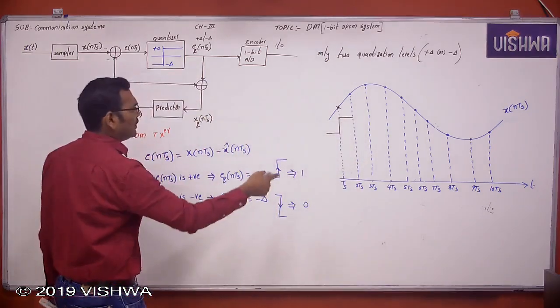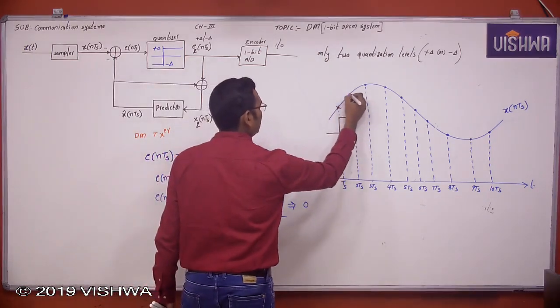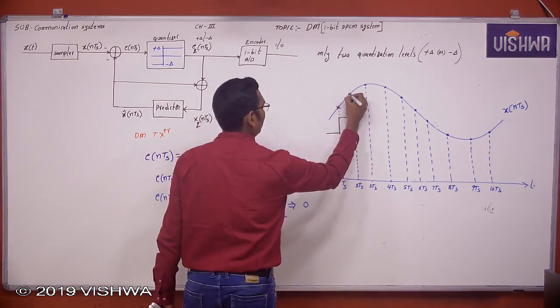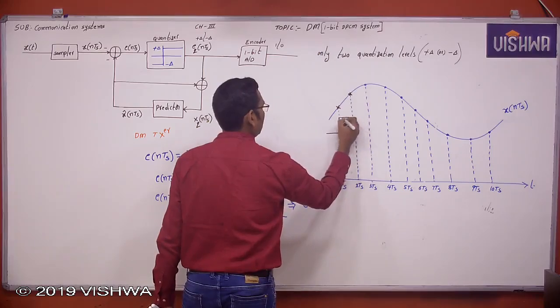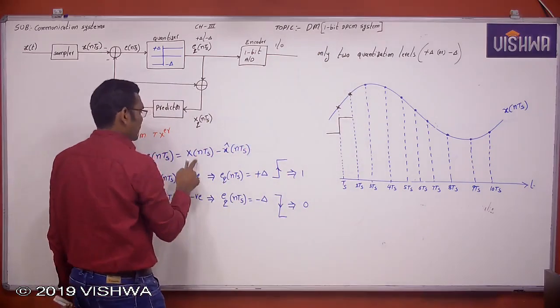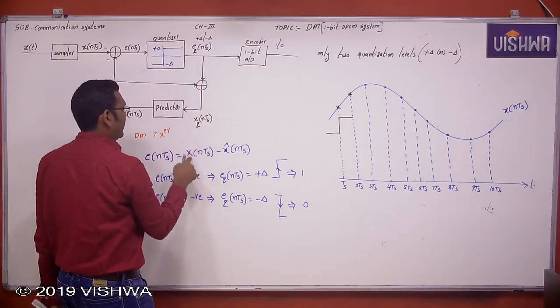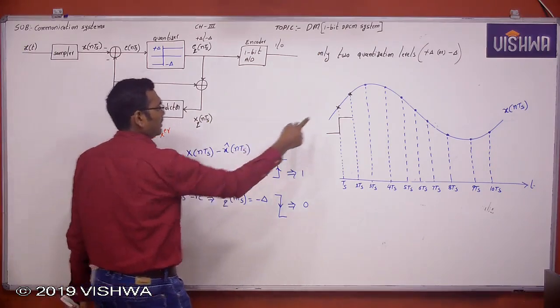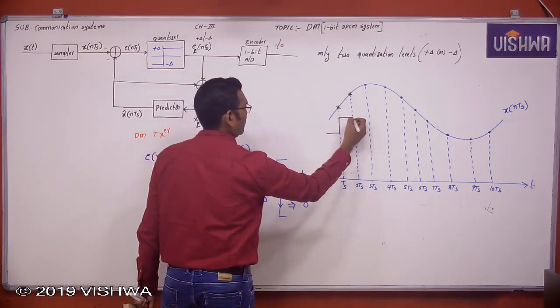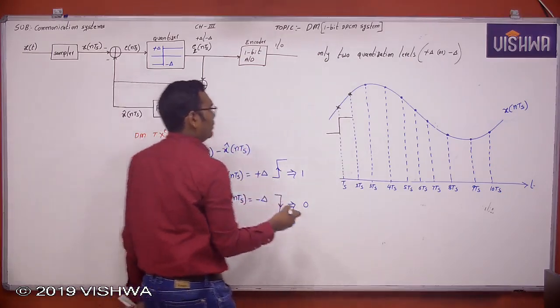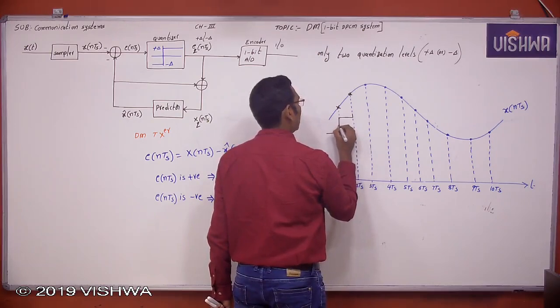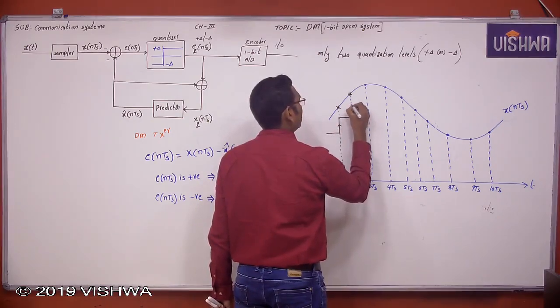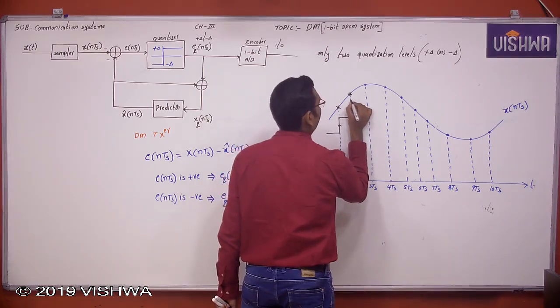Now again at 2Ts seconds, this is the original sample value and this is the staircase approximated signal, or predictor output. Now this difference is positive again, then this is quantized as plus delta, and again it is maintained as plus delta.